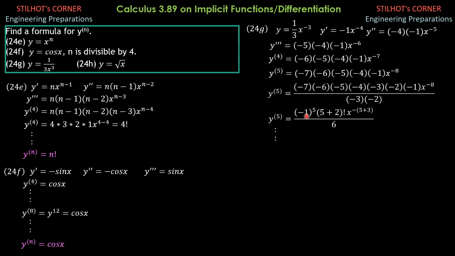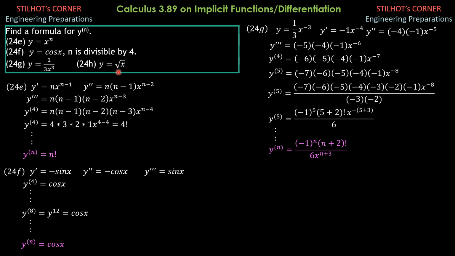So negative 1 to the n, quantity n plus 2 factorial, all over 6, then x to the power n plus 3. So that's the answer. The nth derivative of y is negative 1 to the n, quantity n plus 2 factorial, over 6 times x to the, this becomes positive, n plus 3. So that's it for that problem.